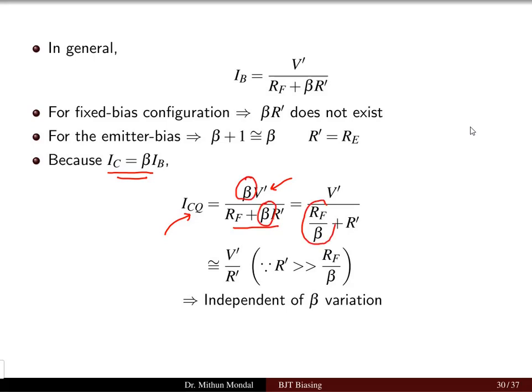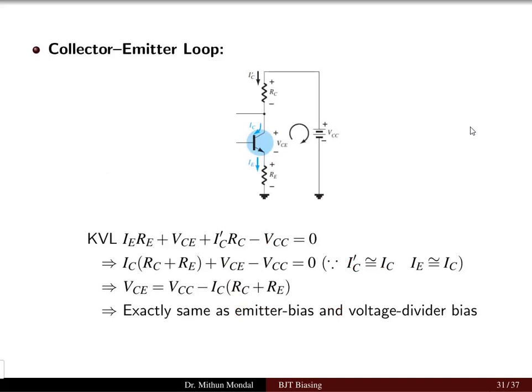We know that R' is very much greater than RF by beta, because the beta value lies at 50 and above. So this value will be small, and hence we can say that the collector current is V' by R'. So it is independent of beta. There is no role of beta variation in the collector current.